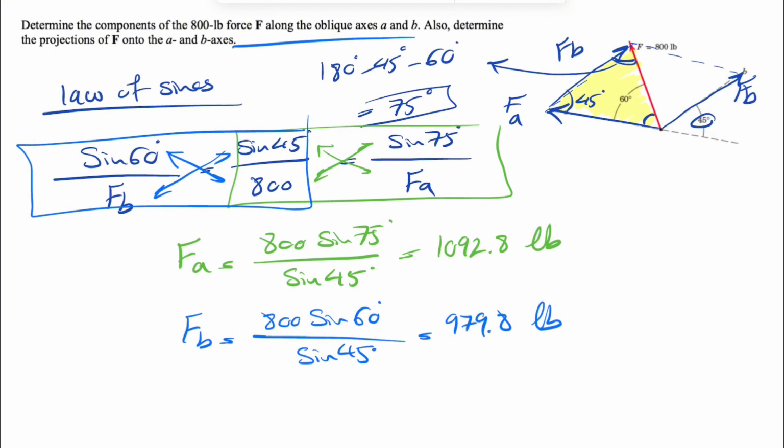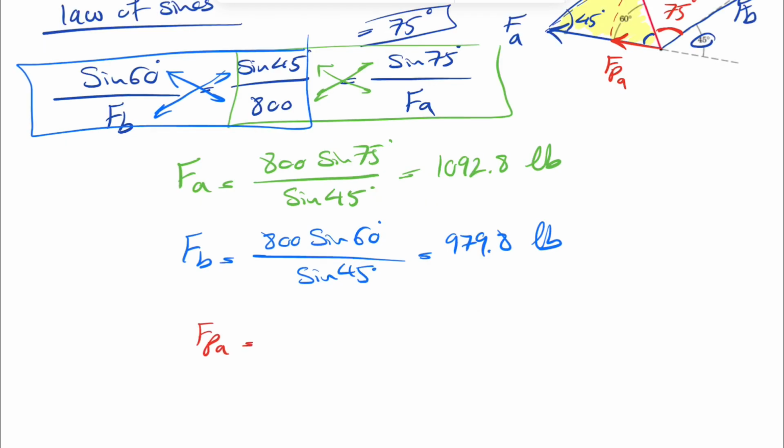So for the second part, we need to find the projection of force F on these two axes. Since we found this angle 75, this angle here would also be 75 degrees. So I'm going to show the projections in red. If you want to find the projections of F on the A axis, this will be our projection on the A axis.